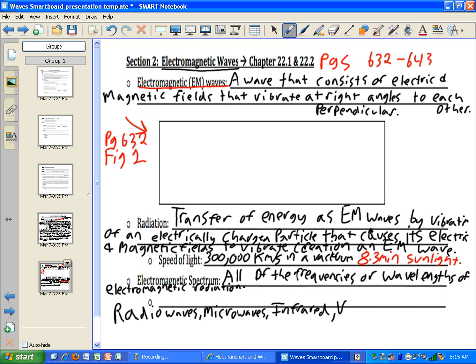And then visible light, so the light we can see. Ultraviolet light. X-rays. And gamma rays. So that would be shortwave radiation.